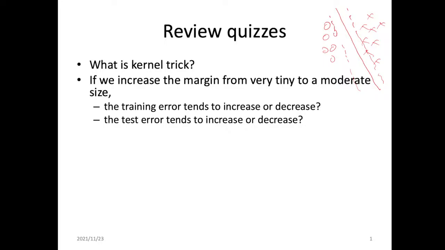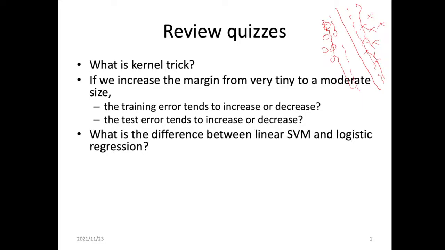And then if we increase the margin a little bit, like to maybe here, then of course the training error will increase. You make more errors on the training data. But for the test data, usually the error would decrease because you're more robust to the outliers.